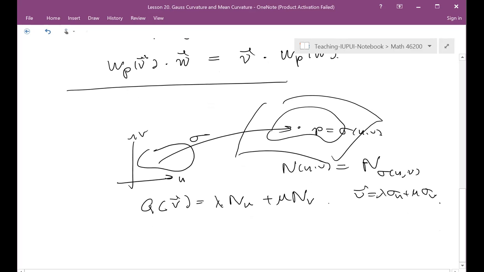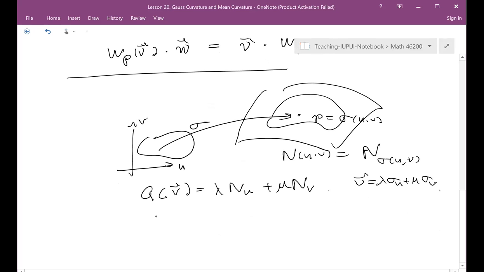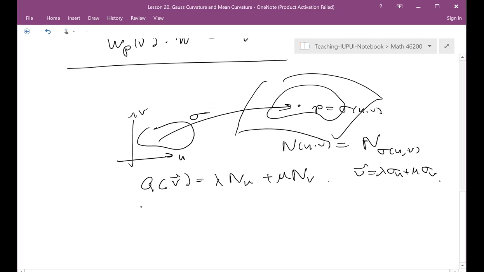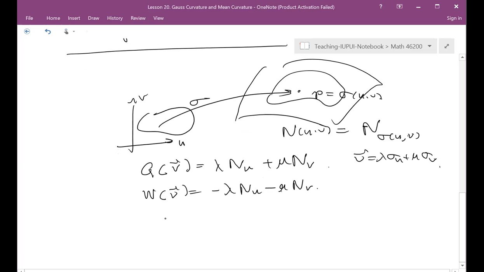It's just the normal vector field, now a vector function, so you can find partial derivatives. So the Weingarten map is also going to be negative lambda nu minus mu. Those are the formulas in local coordinates for the second fundamental form.